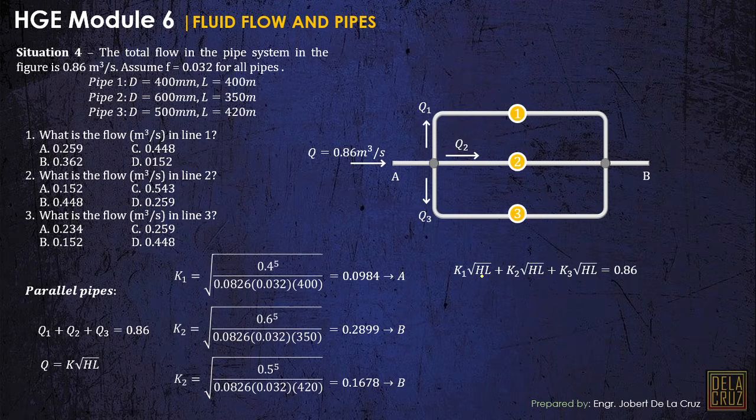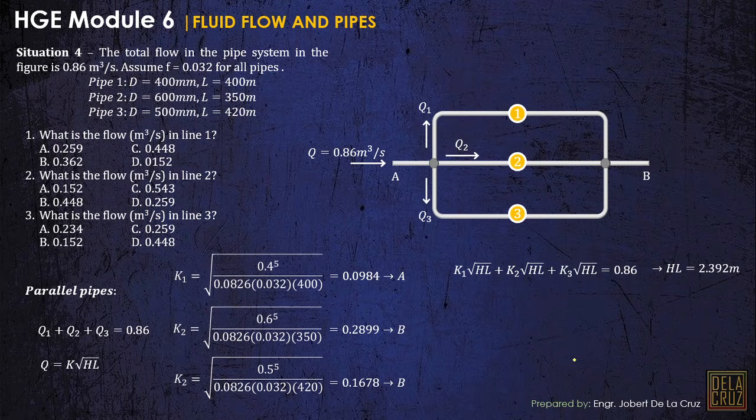And yung unknown natin is the HL. Is it correct? So, we can directly solve HL. Just do shift solve. We have the calculator naman. HL here is 2.392. Now, as you can see, napaka tipid na sa calculator natin dito because nakastore na yung K1, K2, and K3 natin.